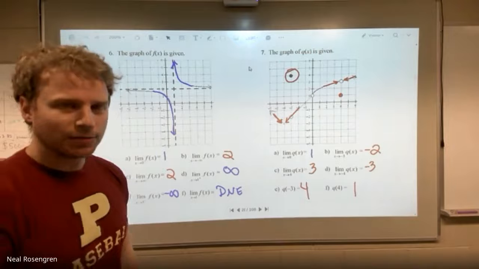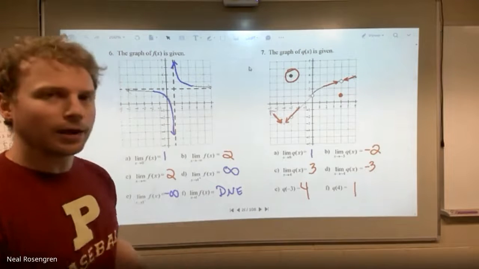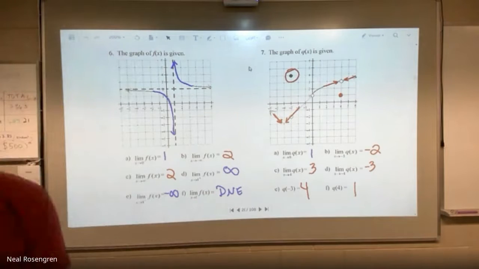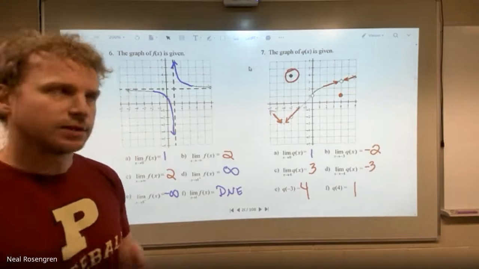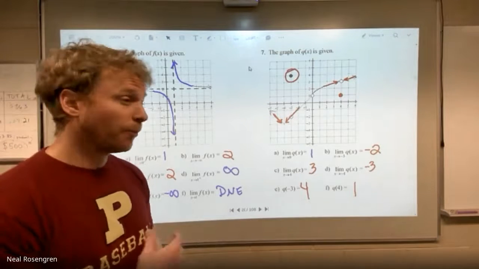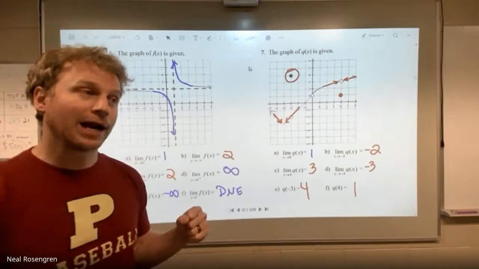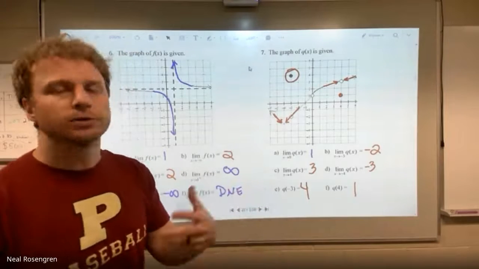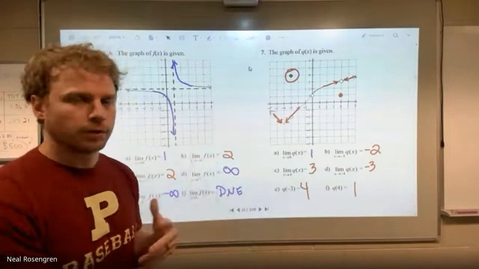Page 21 definitely challenges us in a different way, right? Now that you've done these 4, can I change the way that I think about limits? Can I look at a graph and look at statements about that graph and decide if they're exactly true or if they're not? Or can I look at a statement, here's a limit, here's a value, here's what we know, and create a picture where that kind of thing is true?